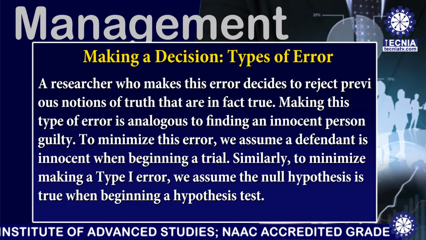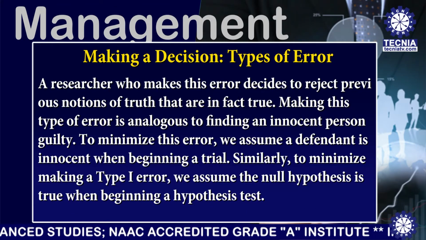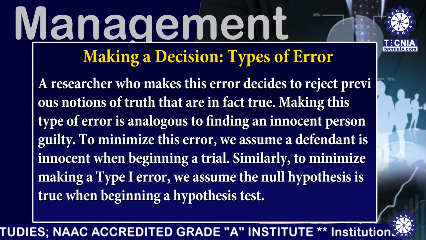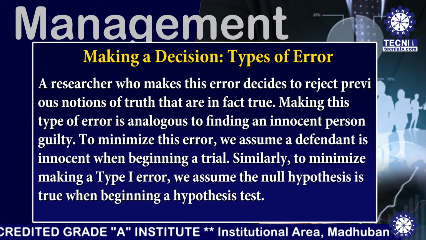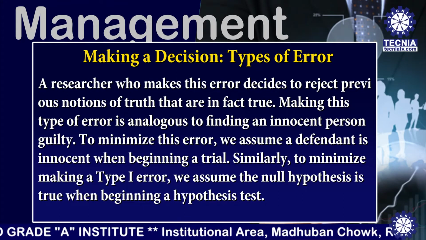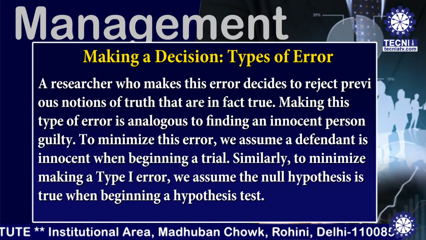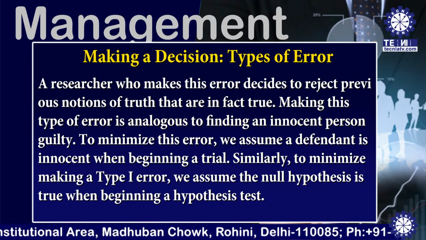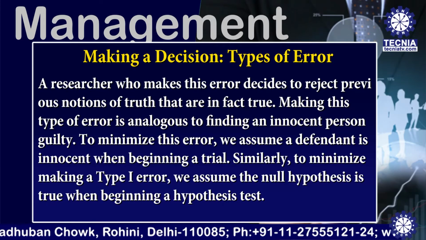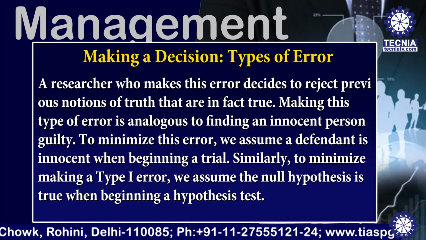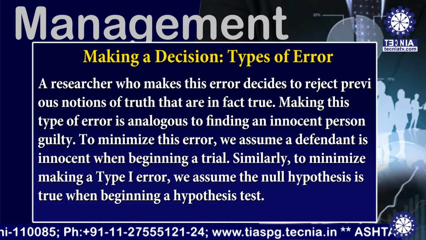A researcher who makes this error decides to reject previous notions of truth that are in fact true. Making this type of error is analogous to finding an innocent person guilty. To minimize this error, we assume a defendant is innocent when beginning a trial. Similarly, to minimize making a type 1 error, we assume the null hypothesis is true when beginning a hypothesis test.